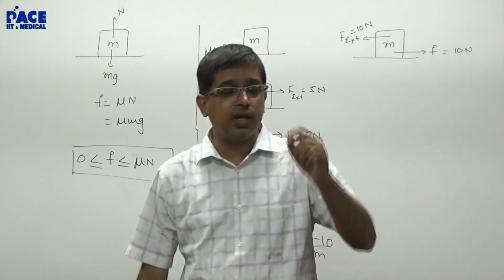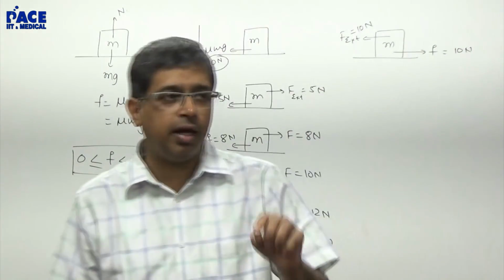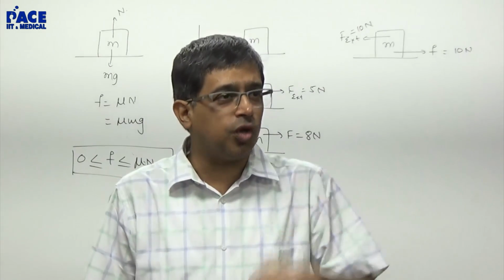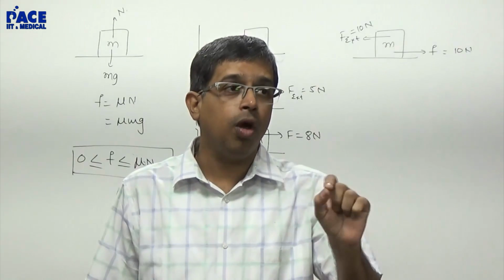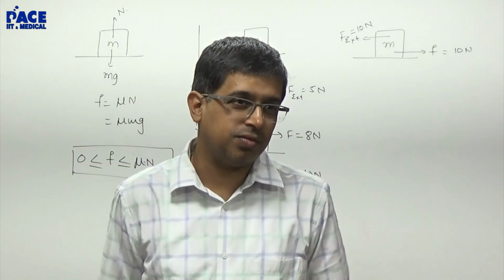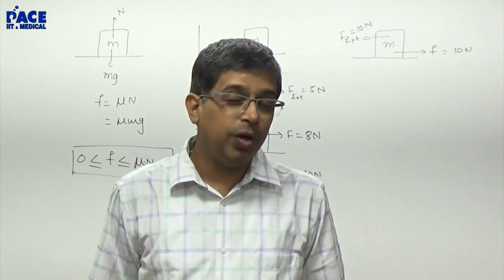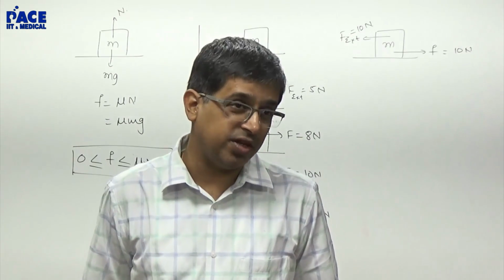If he wants to further increase the limiting friction, either he will have to increase his normal force, that is his weight, or he will have to increase mu by using spikes. Mu will depend on the nature of the surface.